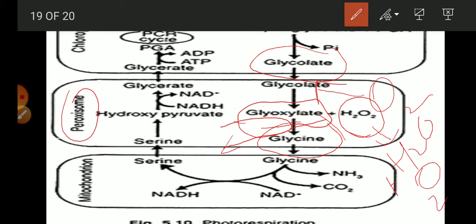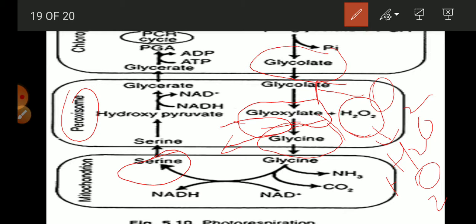Then glycine will enter into mitochondria. In mitochondria, this glycine loses ammonia as well as carbon dioxide, and changes into serine. And now from mitochondria, this serine will shift into peroxisome.